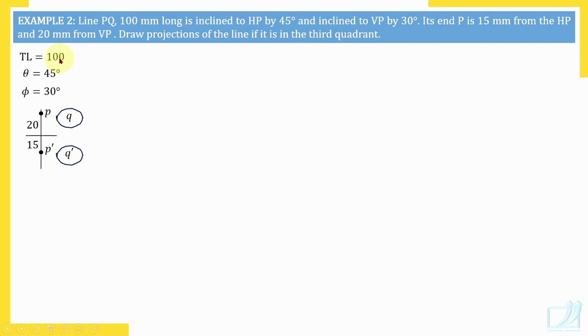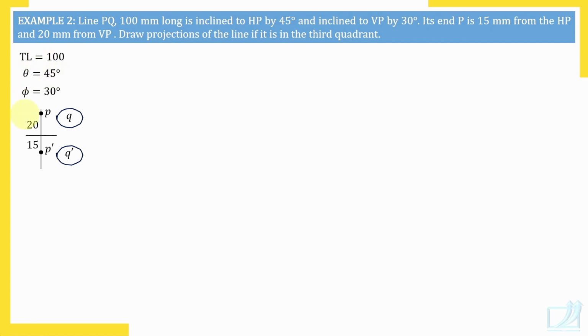Have you noticed that there are 5 measurable details? 100 millimeters, that is true length, inclination 45 degrees, inclination 30 degrees, and position of point P 20 and 15. Now what about these 5 measurable details? Remember, you will be always knowing at least 5 measurable details in a problem on projections of lines inclined to both the reference planes.